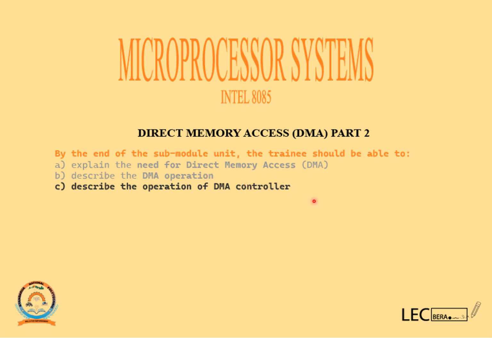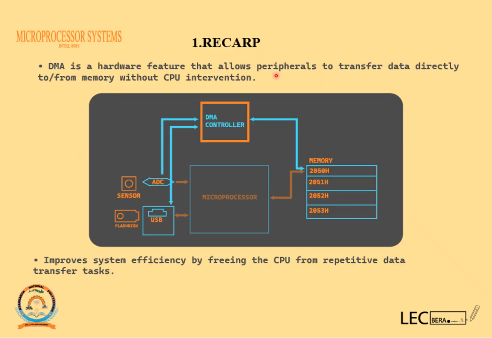Now we are going to do a recap so that we understand why DMA is very, very important before we continue with the session which we are supposed to cover today. As we know, DMA is a hardware feature that allows peripherals to transfer data directly to or from memory without CPU intervention.